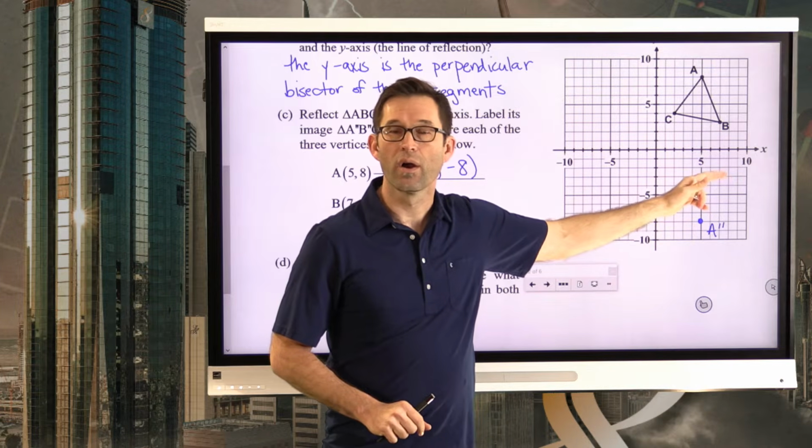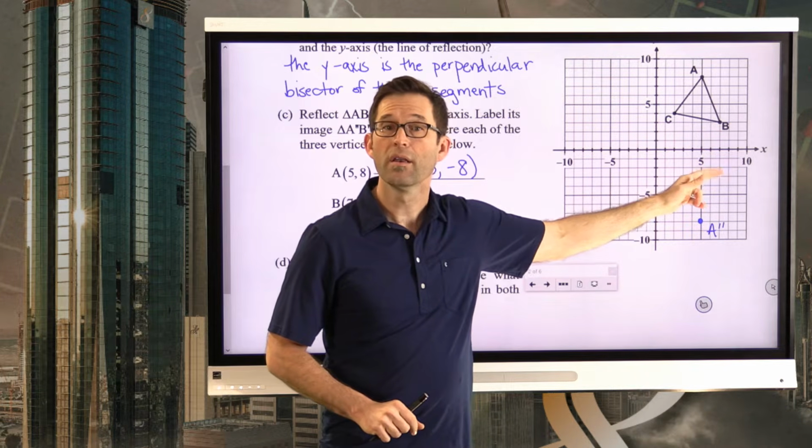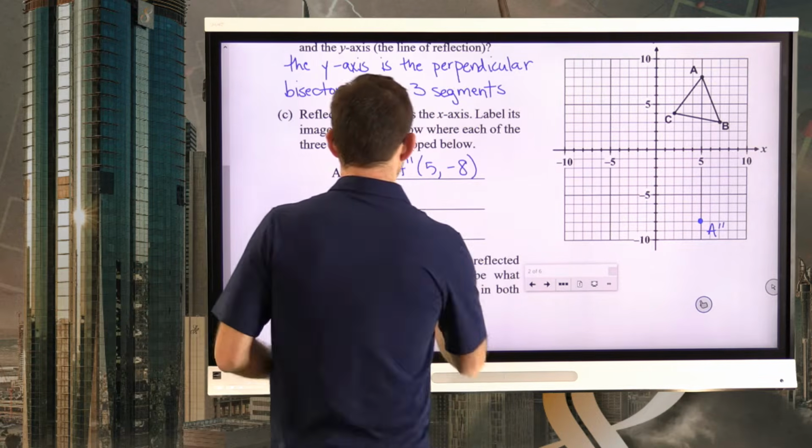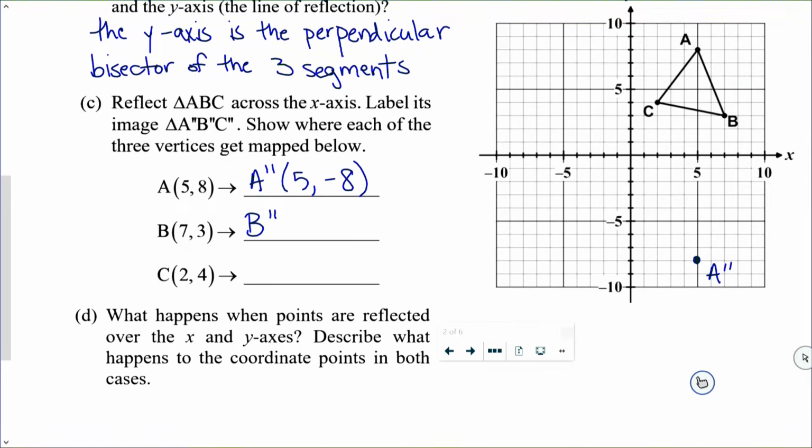If I reflect across, we'll be at 7, negative 3. So B double prime is 7, negative 3. And likewise, C double prime is going to be at 2, negative 4.